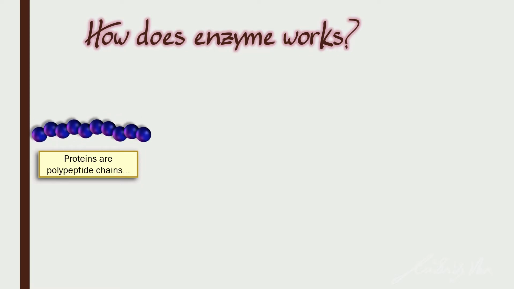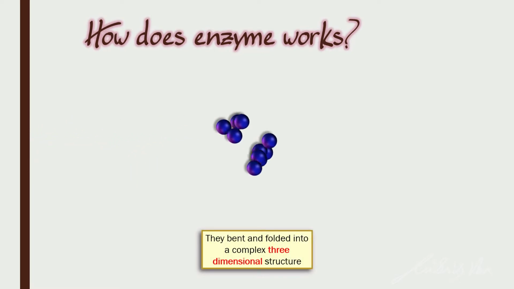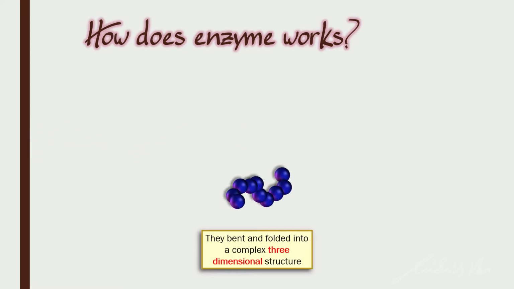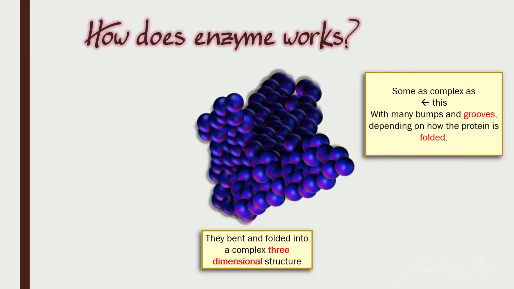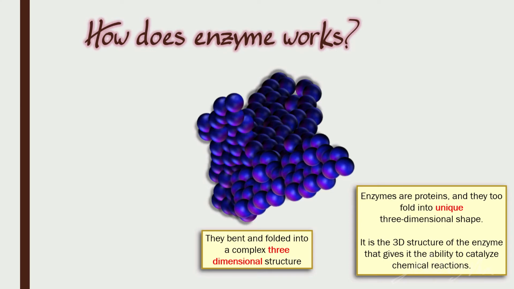Proteins are polypeptide chains, and they bend and fold into 3D structures. Some, as complex as these, have bumps and grooves depending on how the protein is folded. Enzymes are proteins, and they too fold into unique three-dimensional structures. This 3D structure of the enzyme gives it the ability to catalyze chemical reactions.